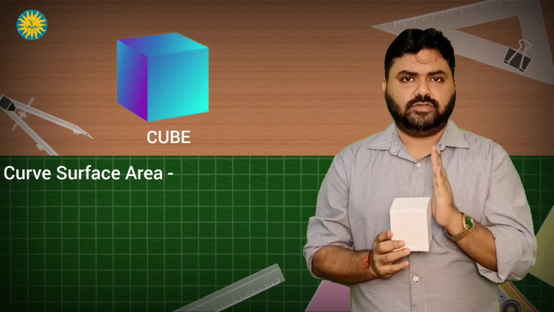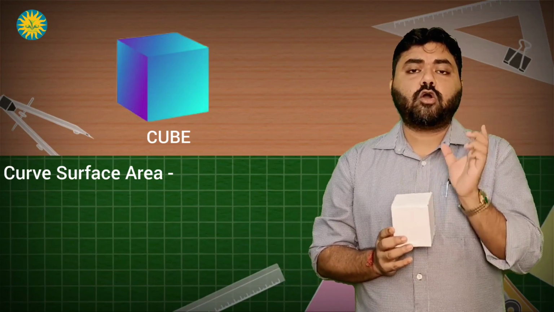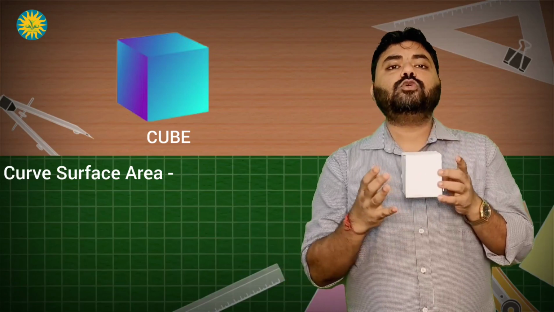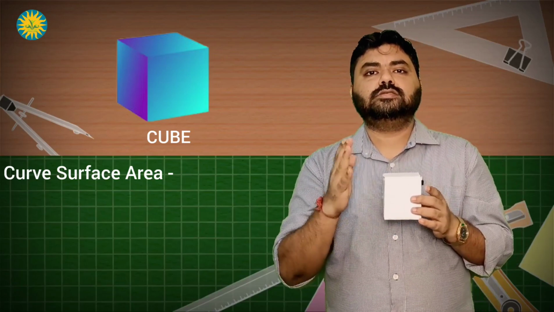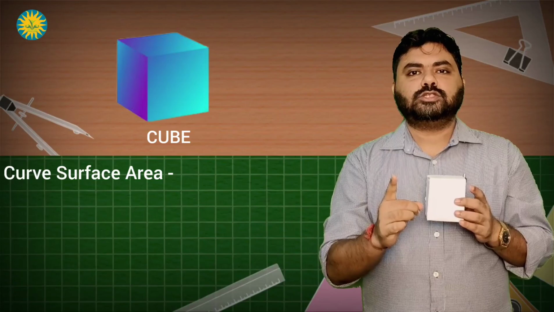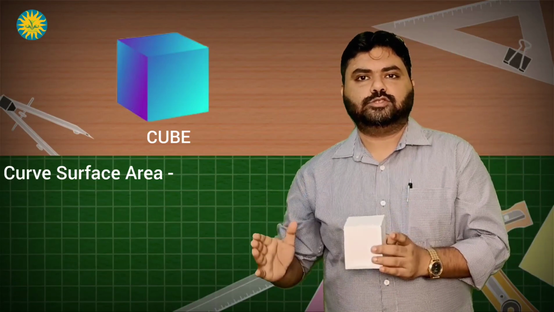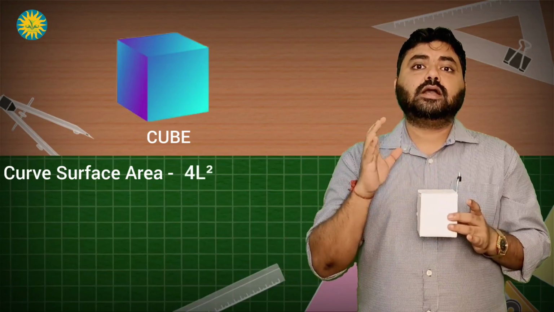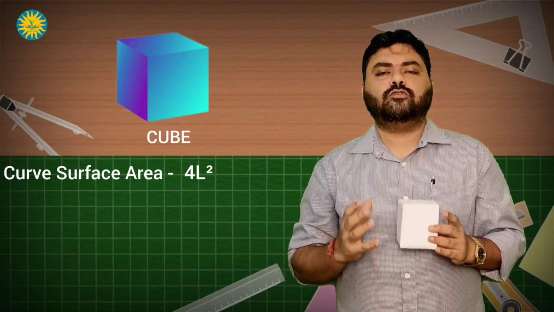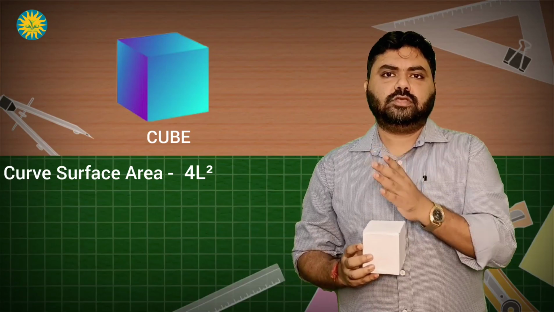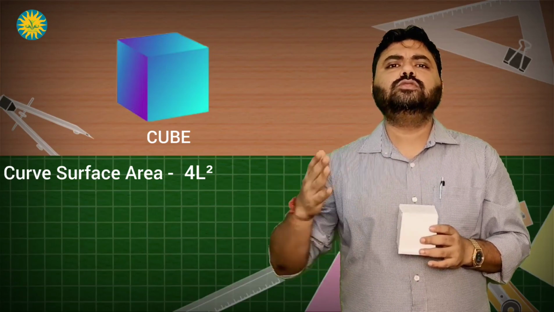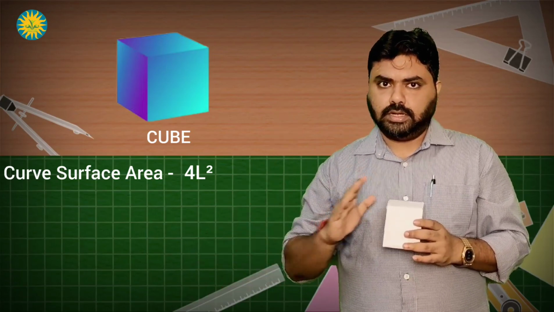Therefore the curved surface area of a cube means the 4 surfaces, and each face is a square. So the area of one square is L square. Therefore the area of the 4 squares will be 4L square. So this is the curved surface area or lateral surface area of a cube, that is 4 into side square or 4 into length square. Done.